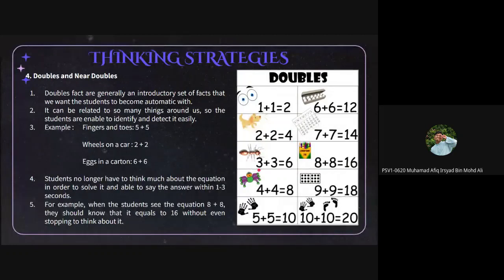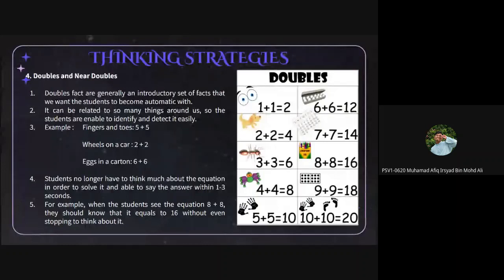By using these double concepts, the student will easily memorize the answer or the sum for the equation. Students no longer have to think much about the equation in order to solve it and are able to say the answer within 1 to 3 seconds.